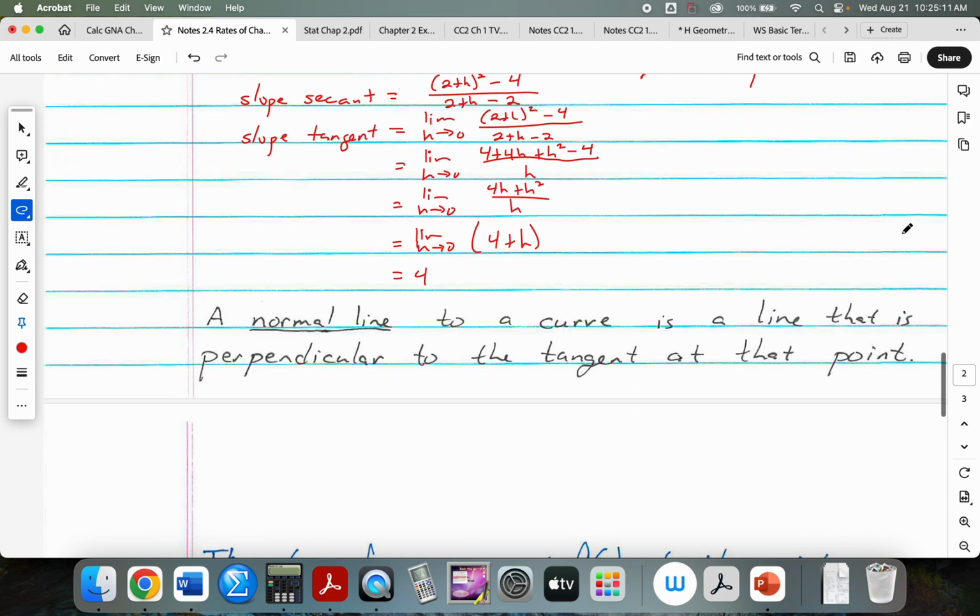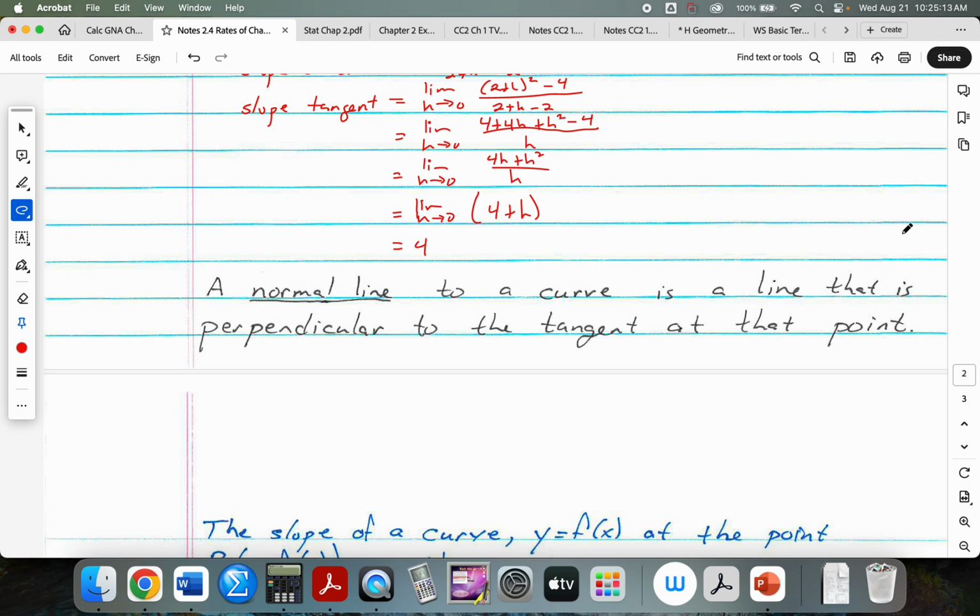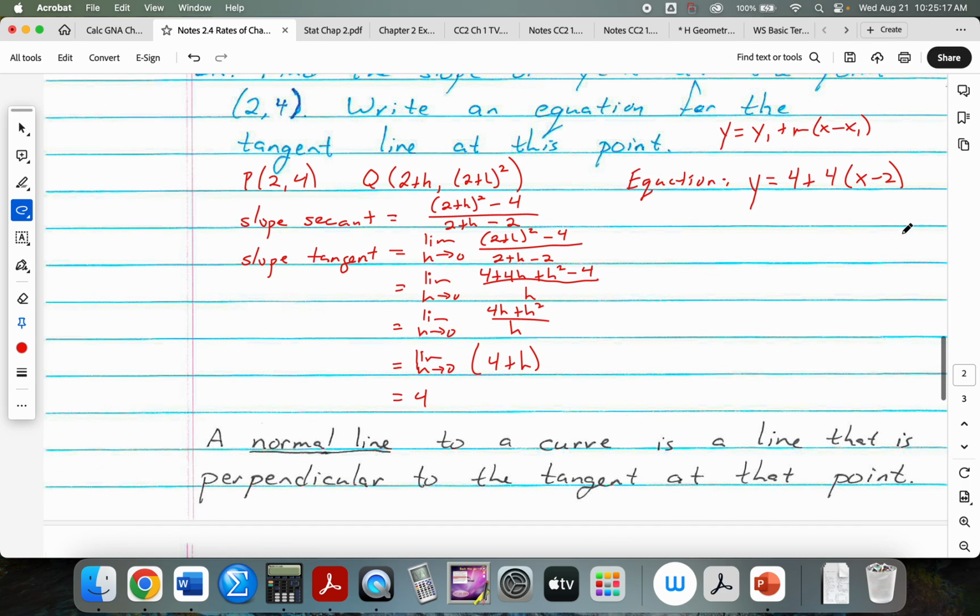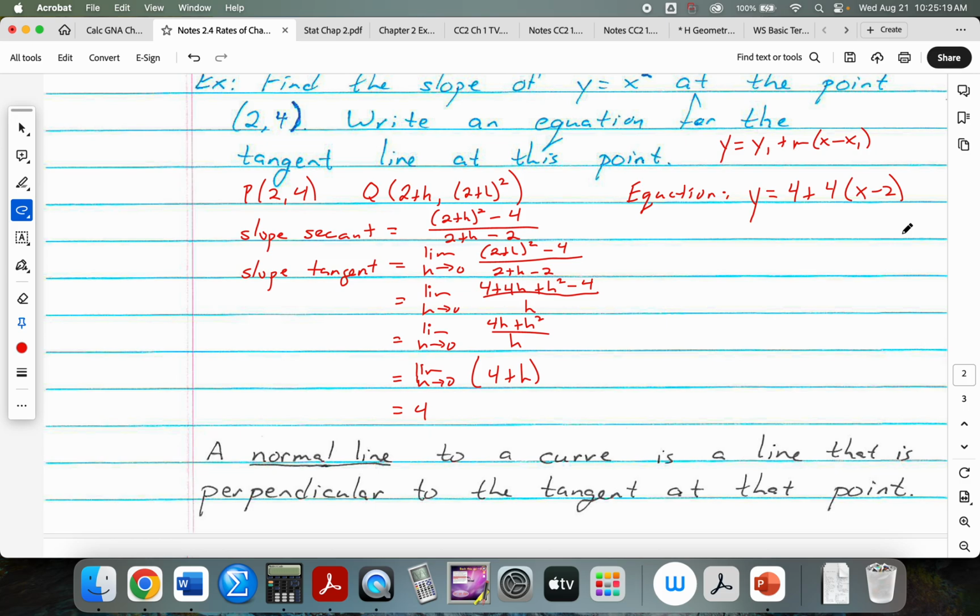All right. A normal line to a curve is a line that is perpendicular to the tangent at that point. So this is the equation of the tangent. If they asked you for the equation for the normal, that's just going to be y is equal to 4 minus 1/4 times x minus 2.